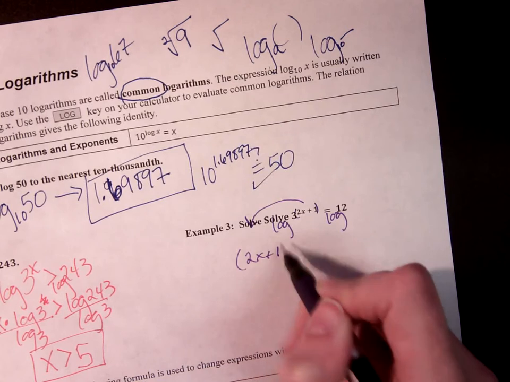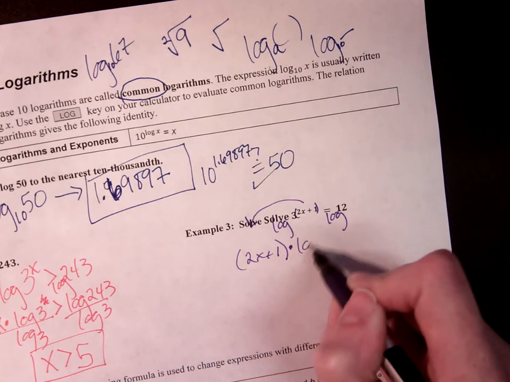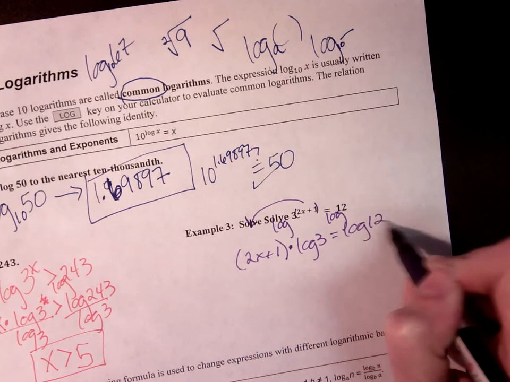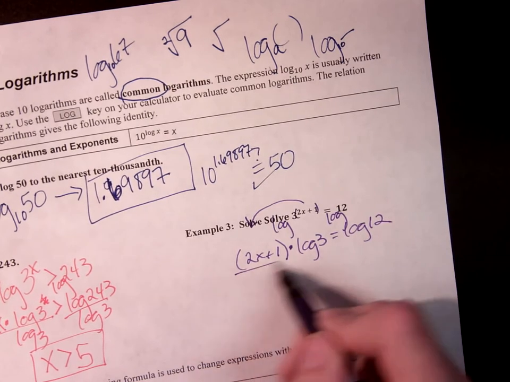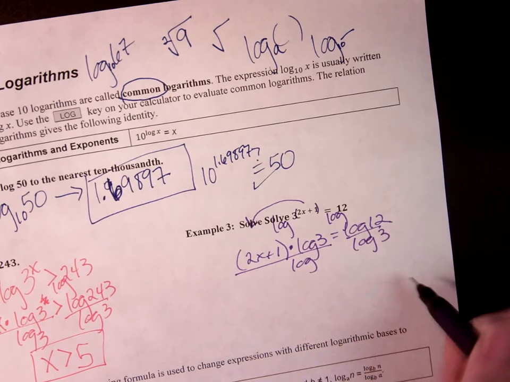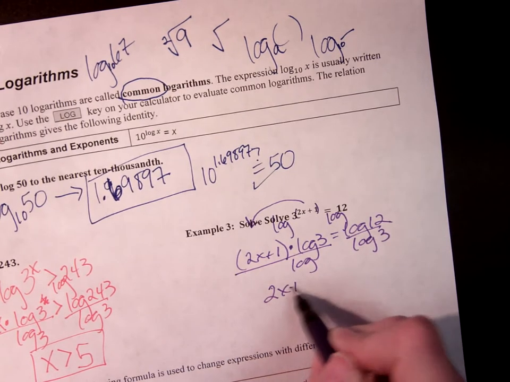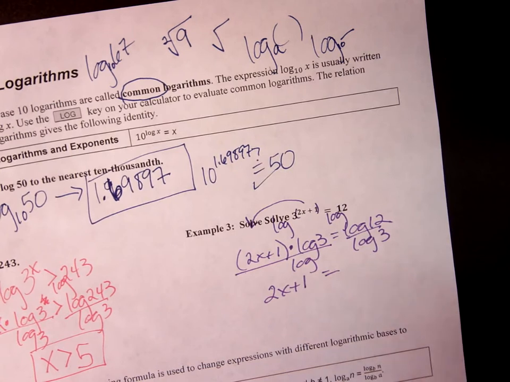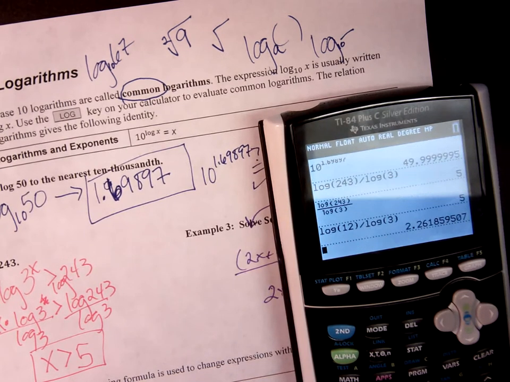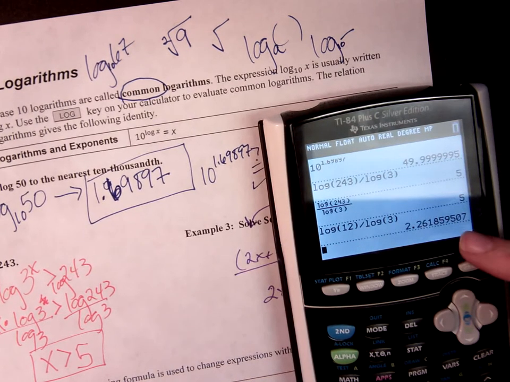And my power is going to come out front as multiplication. 2x plus 1 times the log of 3 equals the log of 12. I'm still going to divide the log of 3. And now I get 2x plus 1 is equal to, when I do log of 12 divided by log of 3, I get this crazy decimal.